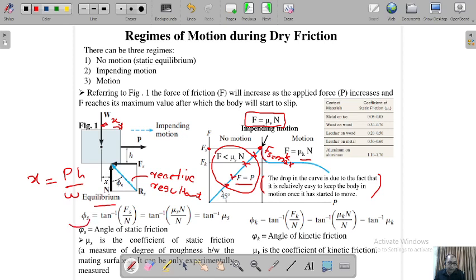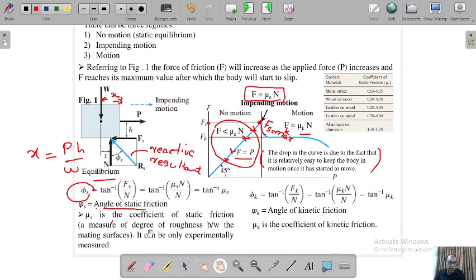But what is phi s? Phi s is called the angle of static friction. What is mu s? Mu s is the coefficient of static friction, a measure of the degree of roughness between the mating surfaces.